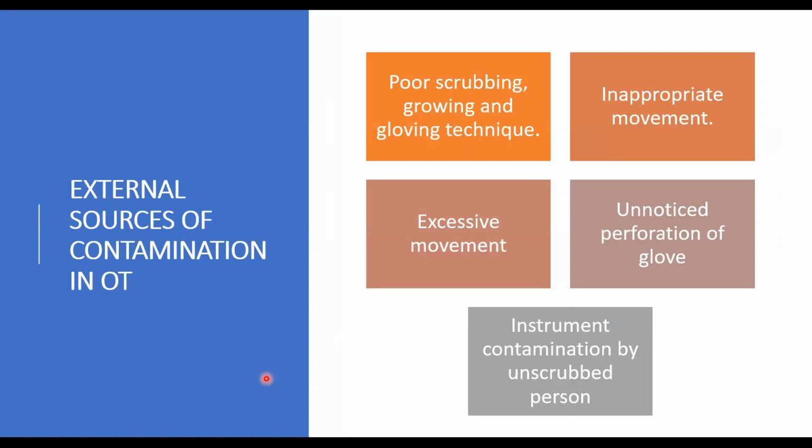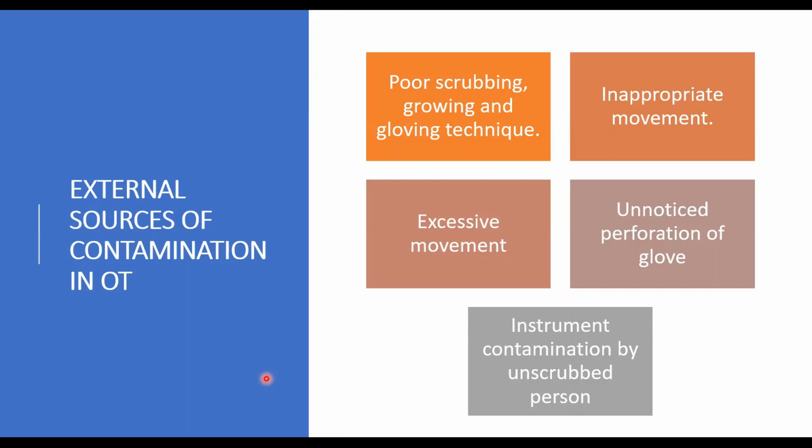So as we discussed just now, OT must have zones and must have an area which must be sterile. By right, if you think of a sterile area, there shouldn't be any bacteria and contamination. But things can occur if you do poor scrubbing, gowning, gloving technique.